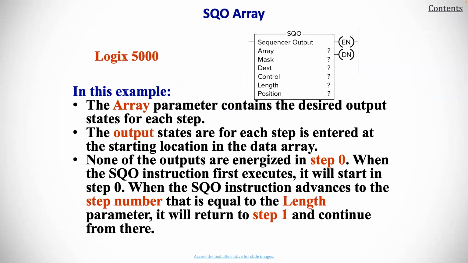The output states for each step are entered at the starting location in the data array. None of the outputs are energized in step 0. When the SQO instruction first executes, it will start in step 0. When the SQO instruction advances to the step number that is equal to the length parameter, it will return to step 1 and continue from there.